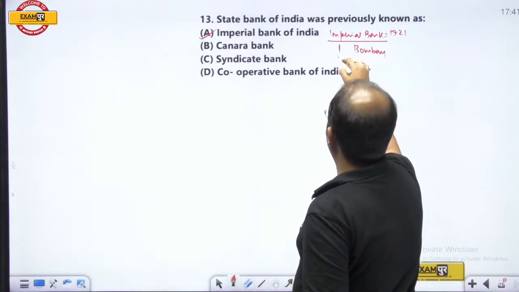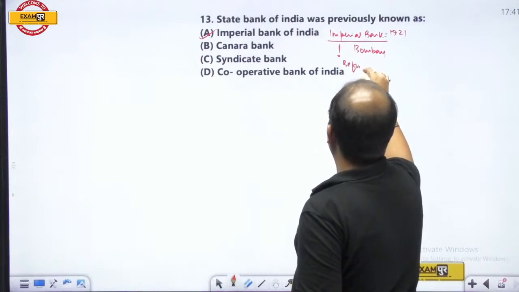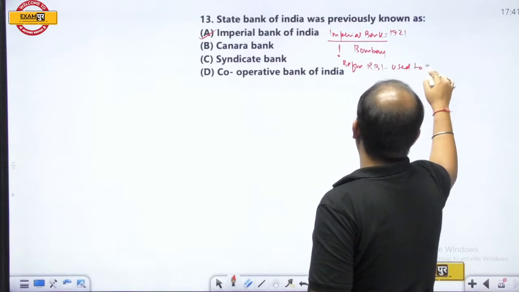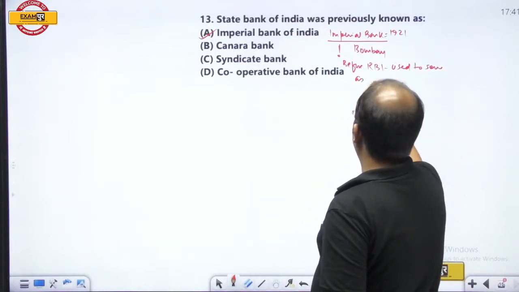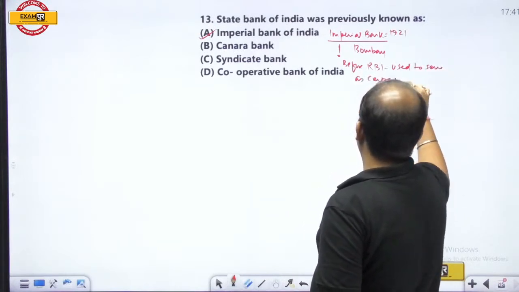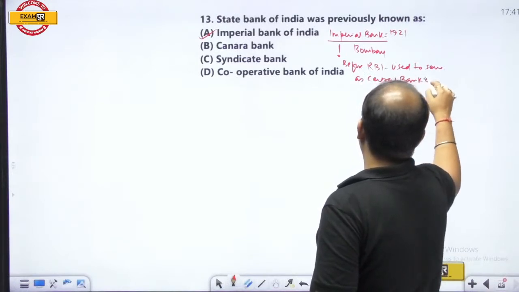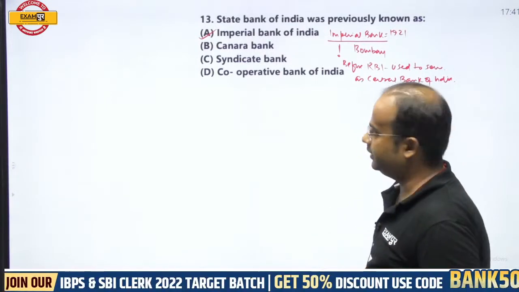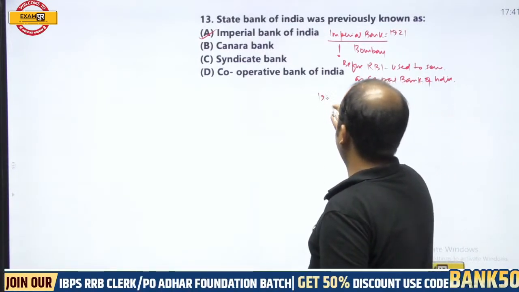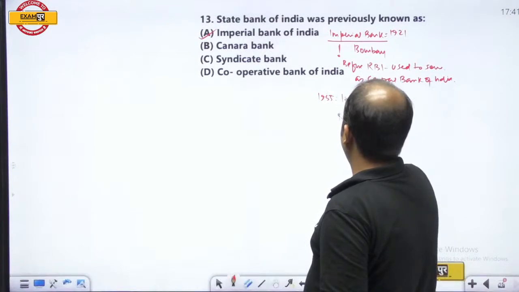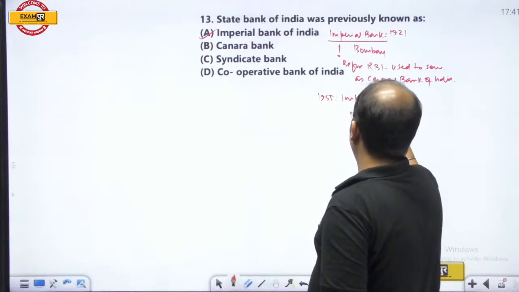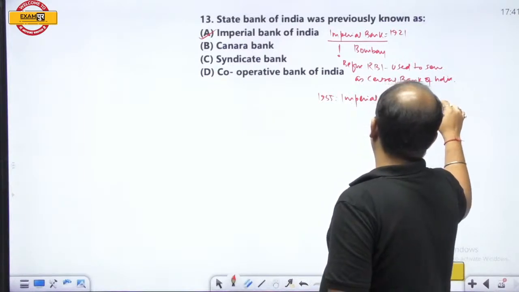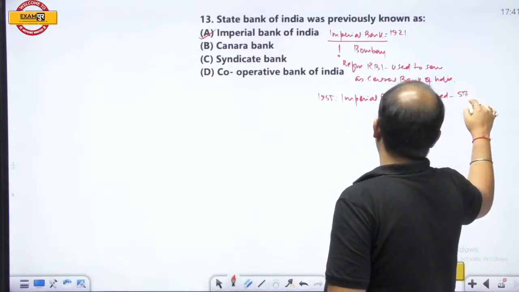Before RBI, it used to serve as the Central Bank of India, and in 1955, Imperial Bank was renamed as SBI.